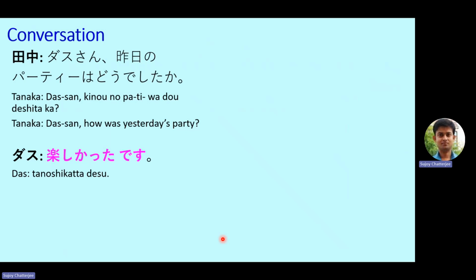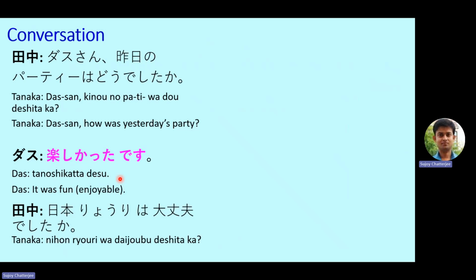Das-san says, tanoshikatta desu. So now this is the past tense. Tanoshikatta is the past tense of tanoshii. Tanoshikatta means it was enjoyable. The party was enjoyable. The party was fun.